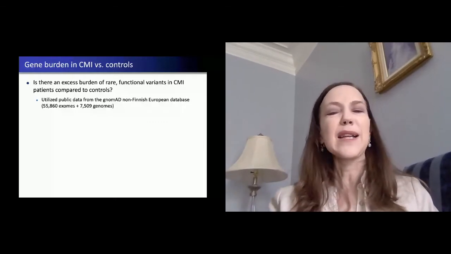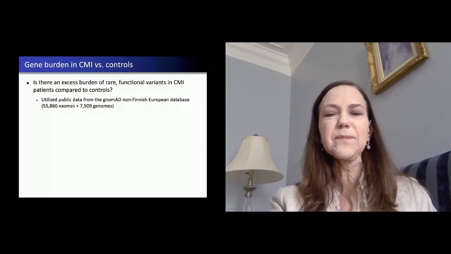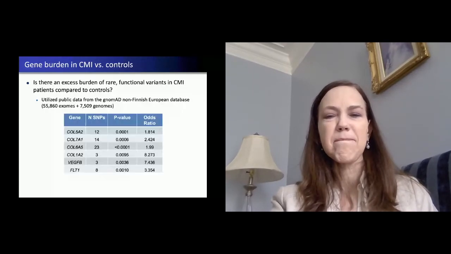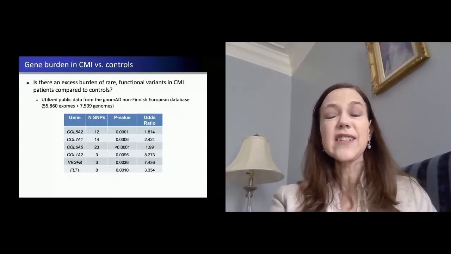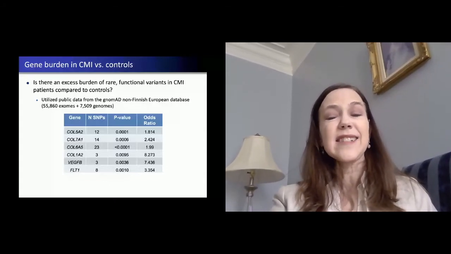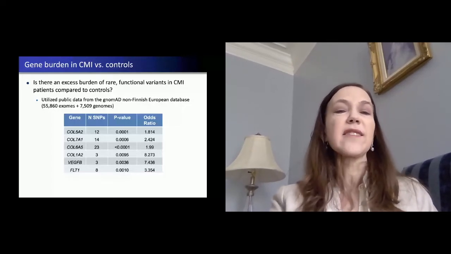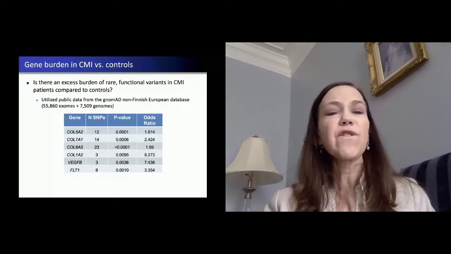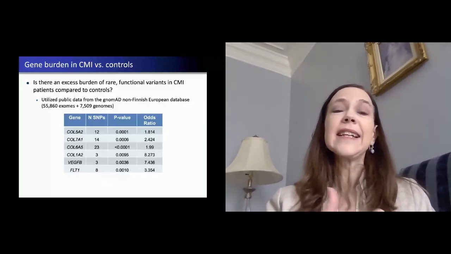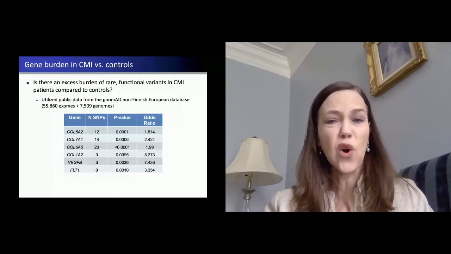So there was a lot of control information. The most exciting news is we actually did see several genes for which there was an excess number of these potentially functional rare variants in Chiari patients compared with controls.